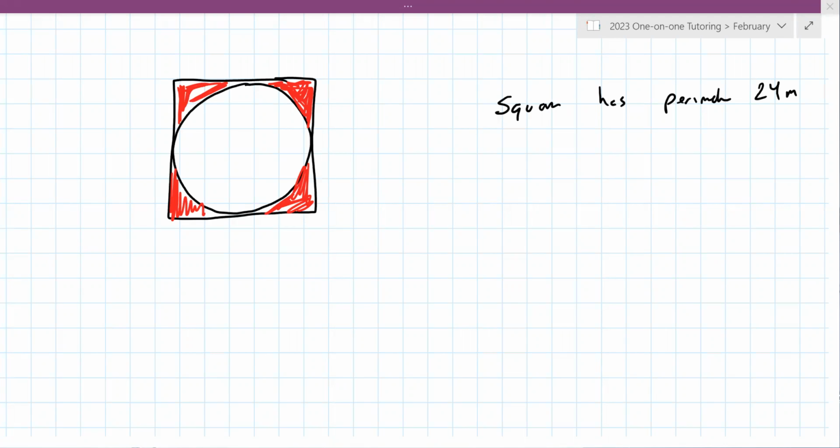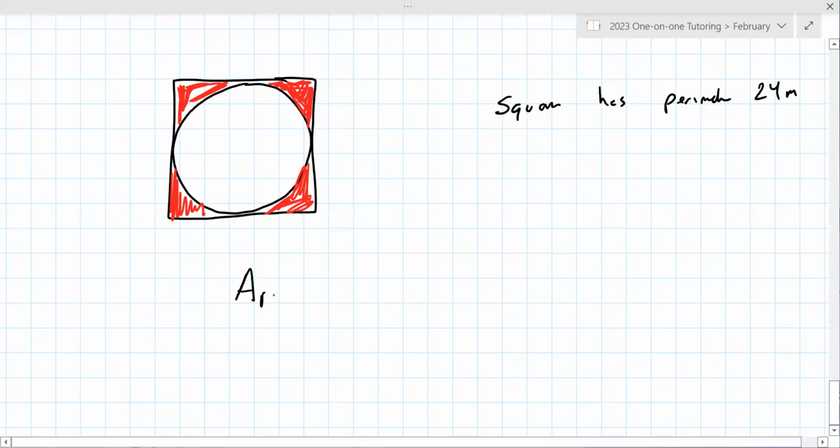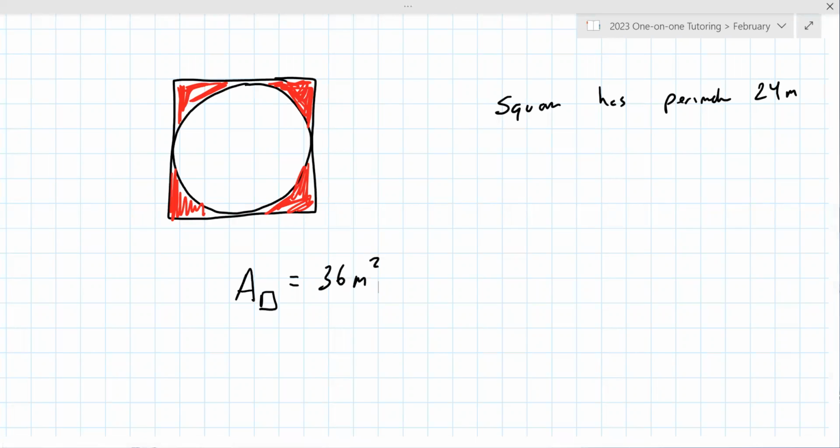What is your final answer? What is the area of the square? 36. Oh, no, never mind. Sorry, I messed up. My final answer would be 9 meters squared.